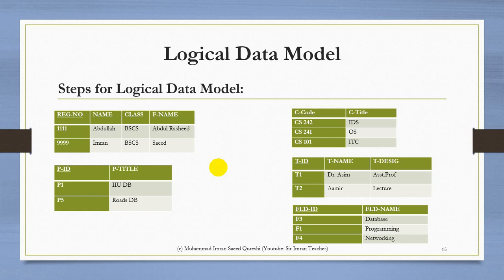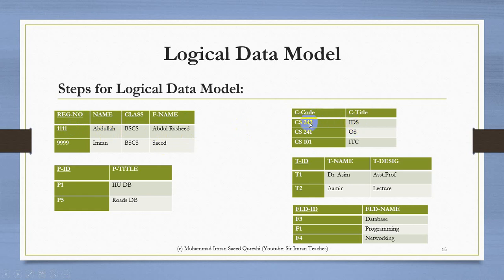But one thing: if I ask you which course or courses a given student, for example Abdullah, BScs, son of Abdul Rashid, is taking, at this stage you cannot tell me. Maybe here we have 100 courses, maybe 500 students. At this stage you are unable to tell me which course Abdullah is taking.